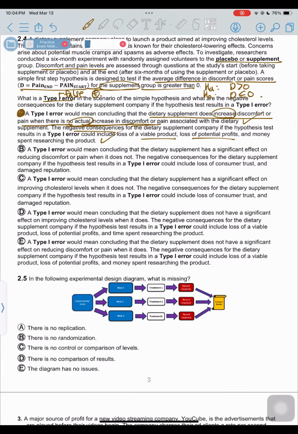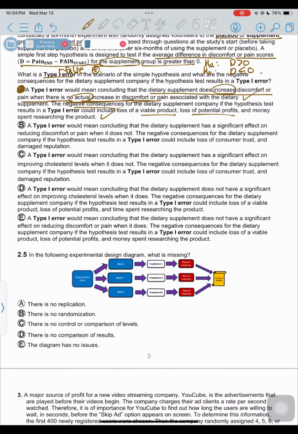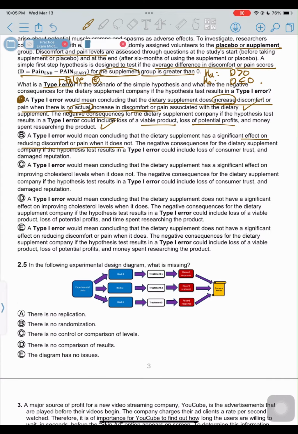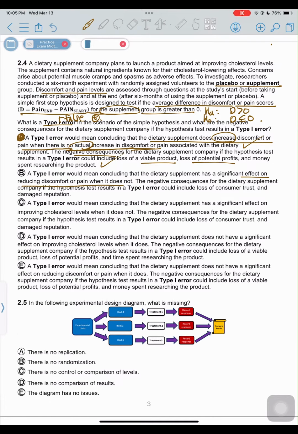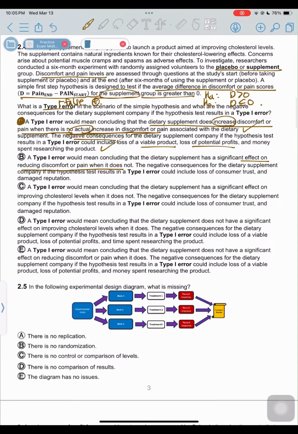Let's just go through the B, C, D, E. So B, concluding that it has a significant effect on reducing discomfort when it does not. Since we're not given any p-value, we don't know it has a significant effect, but also type 1 error is a false positive.